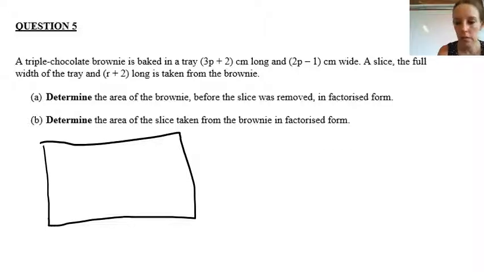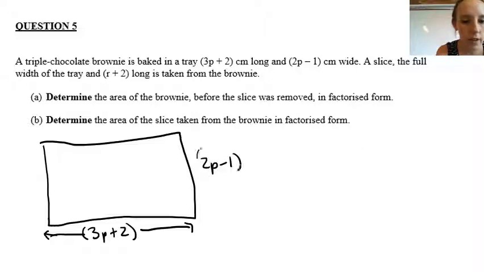Here's my brownie. Just turn that straight. So I know that the length here is going to be 3p plus 2. So that's how long my brownie tray is, and the width was 2p take 1. Okay, there we go. So for A, I have to determine the area of the brownie before the slice was removed.